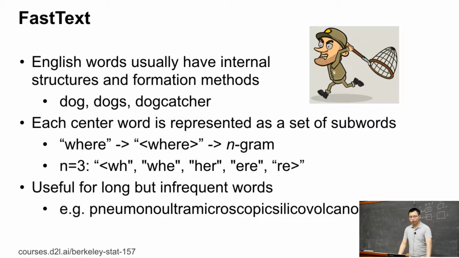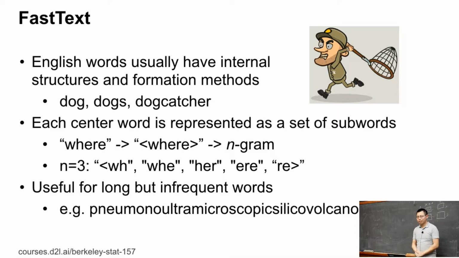This is pretty useful for very long but infrequent words. Like this word, I just Googled the longest English words, and I guess nobody has this one in the dictionary. But you can see a lot of segments here, and you can guess some similarity between this word and other ones.